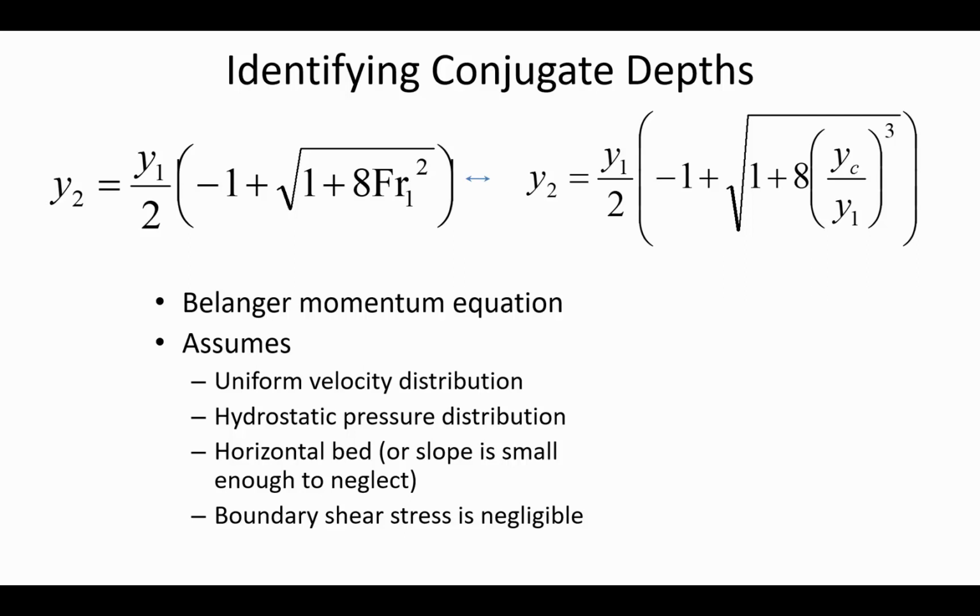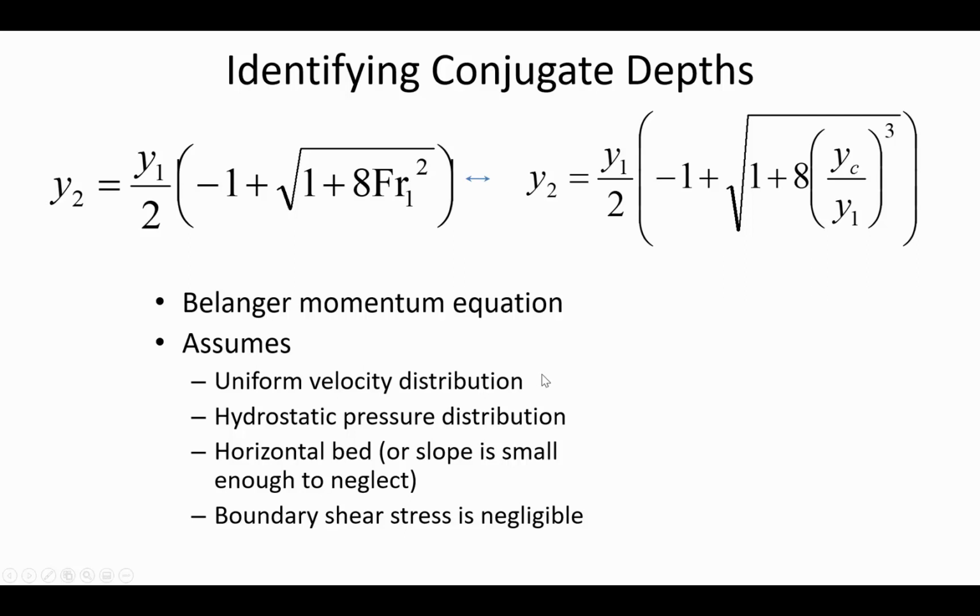But since the water is open to the surface, as you go down through the water, the pressure does increase at roughly the same rate as it would if the condition was hydrostatic. So this horizontal bed is saying assume that it's a really shallow slope, that the downstream depth is just because of the hydraulic jump and it doesn't have to do with other gradually varying flow effects. And boundary shear stress is negligible is kind of related to the velocity distribution assumption.